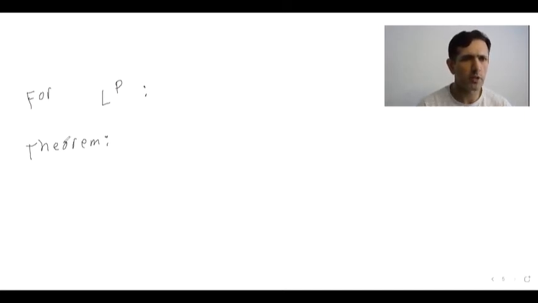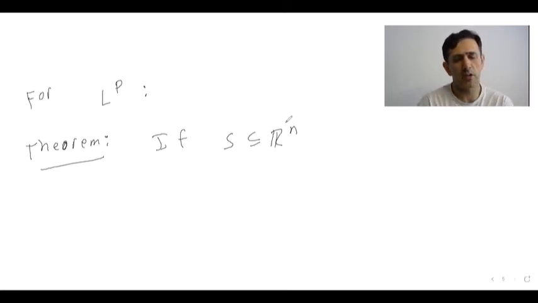So it's as good as any reference for this result. So let's say S is a subset of R^n. Really this proof works for any measure space whatsoever, but just stick to Euclidean space.